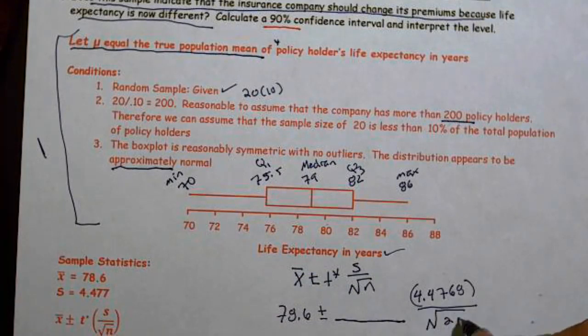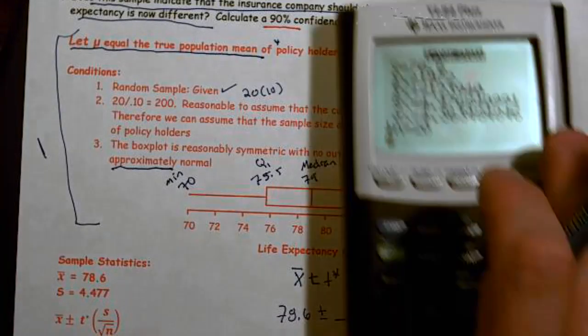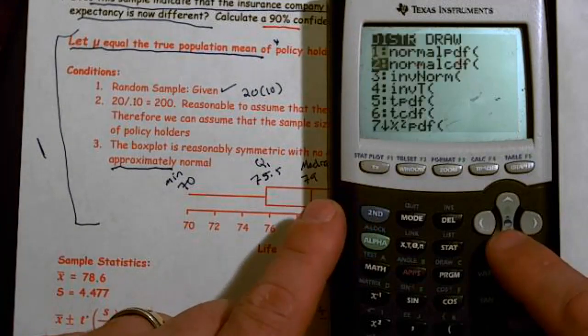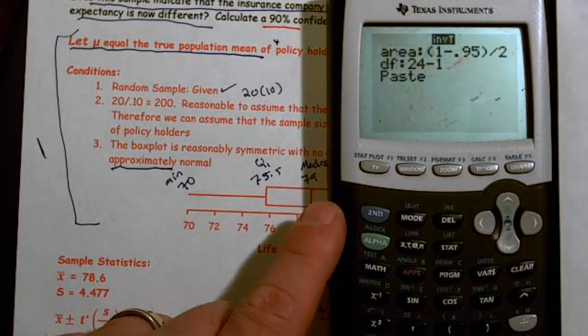At this point, the only thing that I'm missing is my T star. So how do I get that? Well, I'm going to go to second vars, inverse T, parenthesis. I'm going to clear that out. For my area, parenthesis, 1 minus 0.90, close parenthesis, divided by 2.